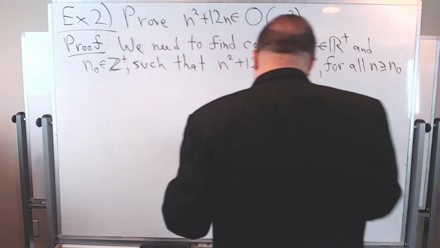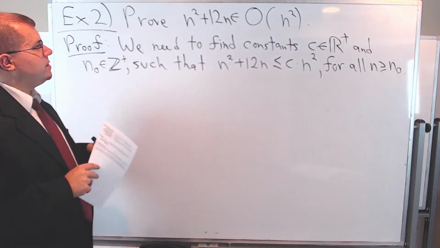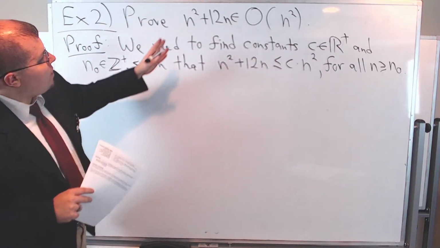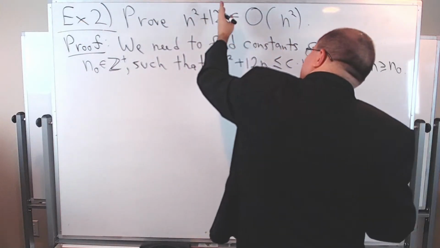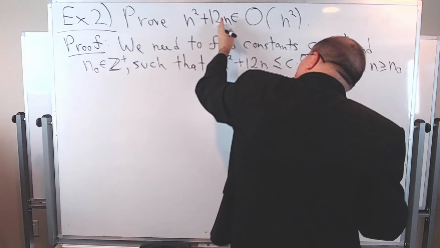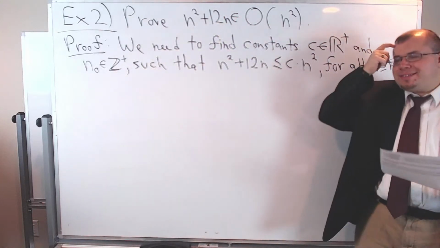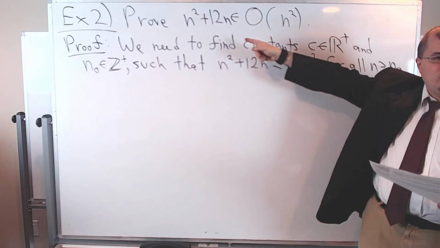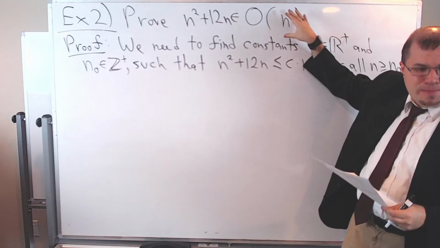What should I pick as c? Well, I'm going to use a similar kind of trick. I want you to think about this in a somewhat different way. Imagine if I pretended that 12n was actually 12n squared. I want to use that same trick I used last time, where I try to make whatever's on this side look kind of like this one here.